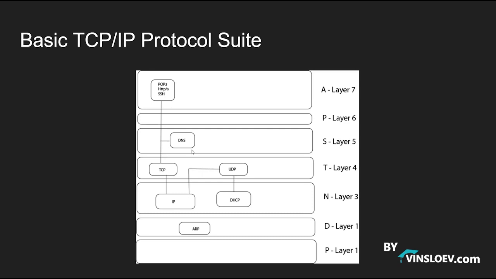Then we have the DNS, which anyone who has been surfing the web has been in contact with, because DNS is basically what helps us resolve the endpoints and domains that we type in. For example, www.google.com gets translated into an IP address in order for the computer to understand what exactly we are doing.